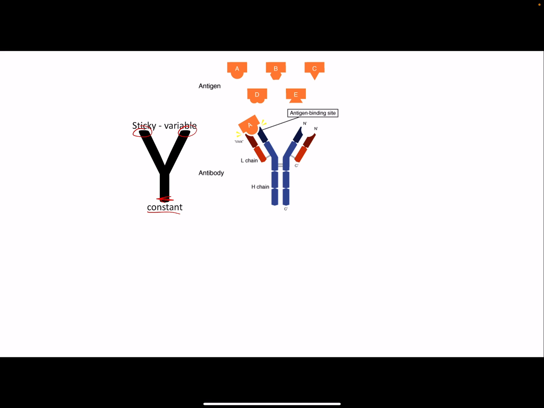All right, B cells. So we all know what this is. This Y is an antibody. And we have the sticky variable regions over here, and here we have the constant region over there. The constant region is where the opsonization will happen, the macrophages will bind, or complement proteins might bind. Again, we've seen this. There is a soulmate, very specific.